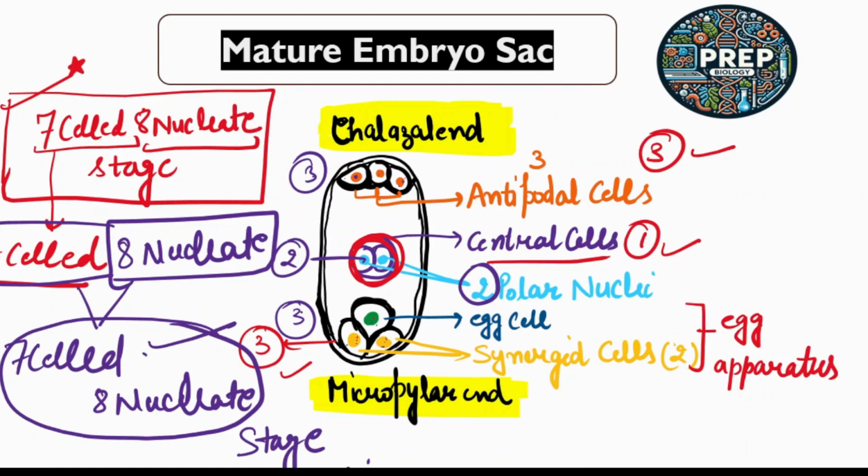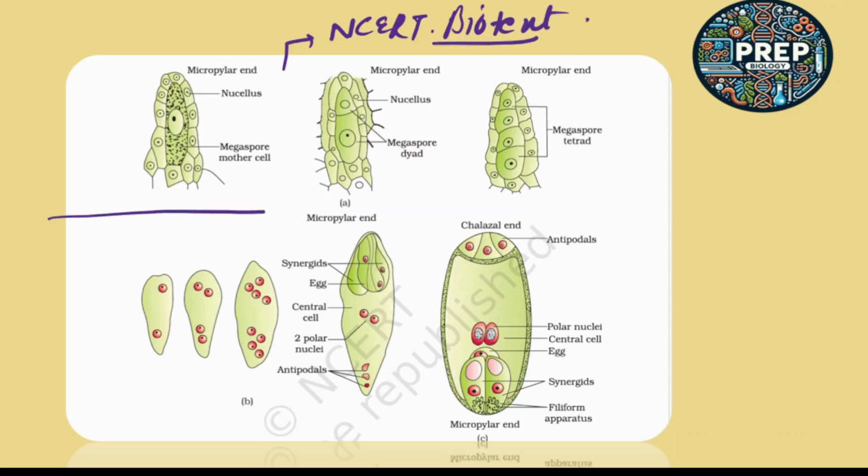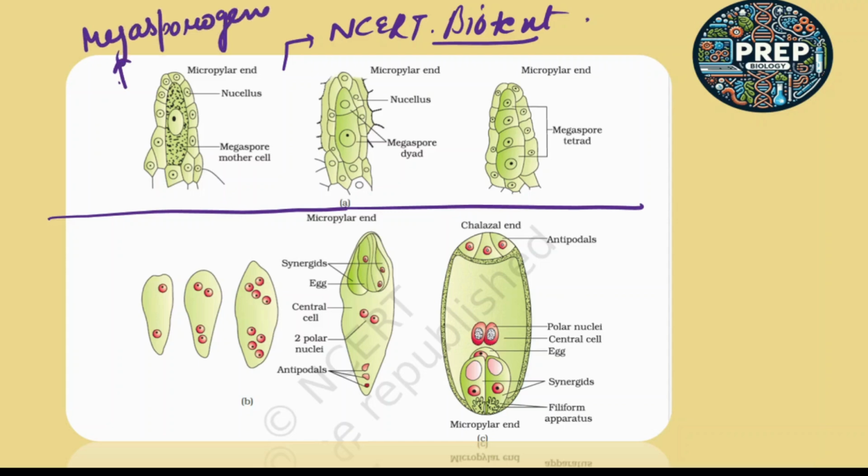Understand it carefully. If we see this diagram, this diagram is from your NCERT biology textbook. We have discussed these parts, that is megasporogenesis.